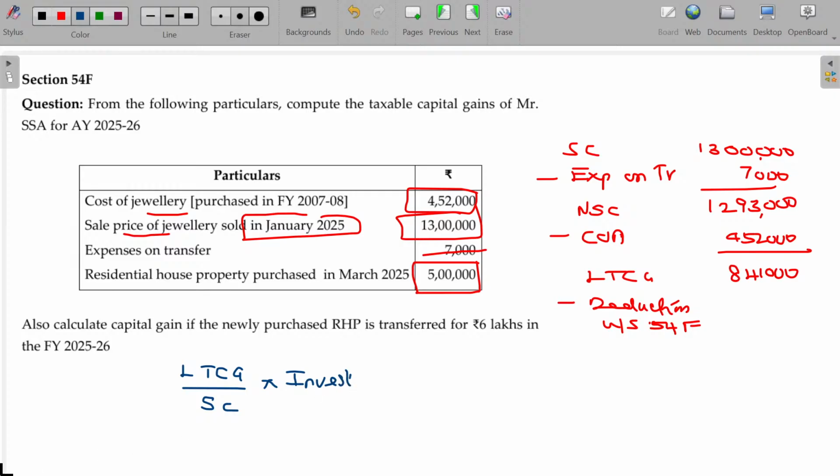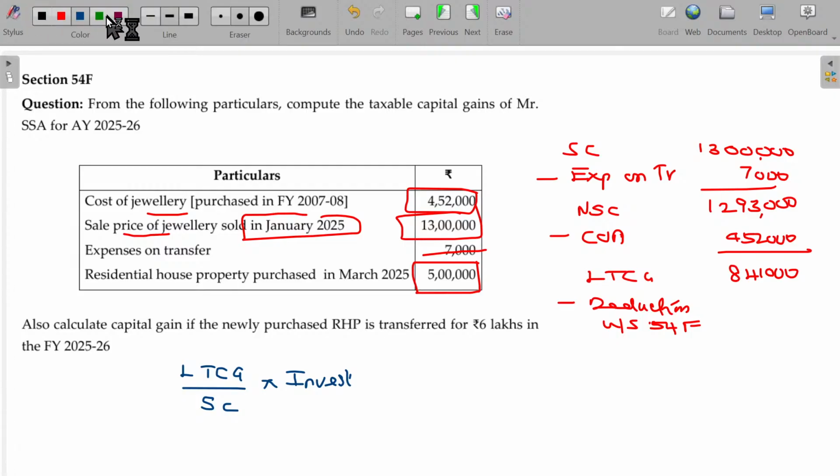This is called proportionate. See, what's the purpose of selling the jewel, gold, shares and all? Sir, I saved the money slowly over a long period of my life to purchase a residential house property. I sold and am purchasing. Then you have to use all the sale consideration for purchasing. Not only the capital gain, you have to use the full sale consideration.